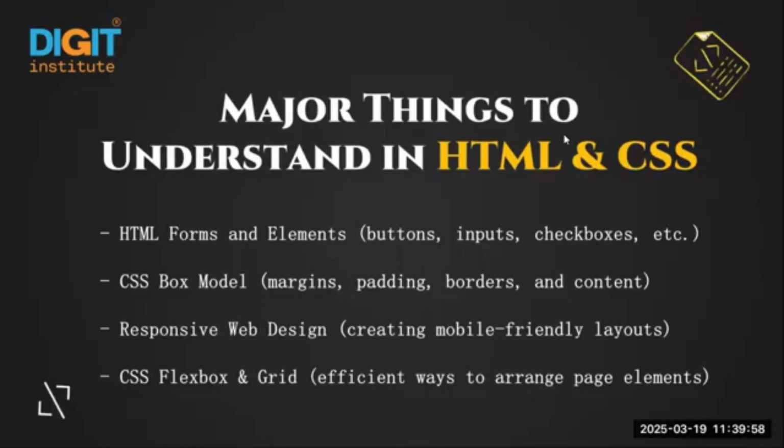The major things to understand in HTML and CSS start with HTML forms and elements. HTML forms help to create multiple forms like login, sign up, student registration, contact info, or if you want to have an inquiry or enroll in an education field, all this comes under forms and elements.